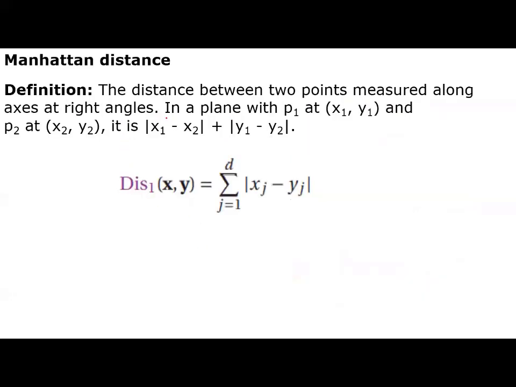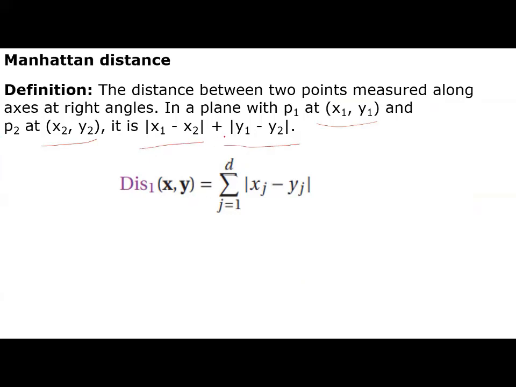Now coming to the Manhattan distance. Manhattan distance is the distance without squares. In a plane, with P1 at x1, y1 and P2 at x2, y2, it is the modulus of x1 minus x2 plus the modulus of y1 minus y2.